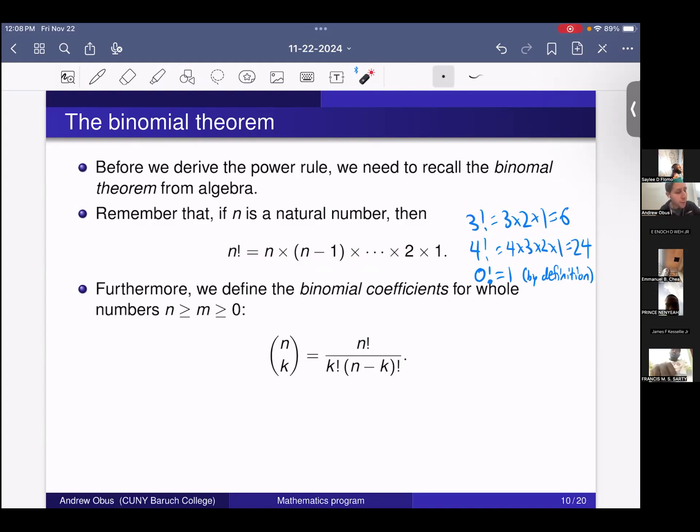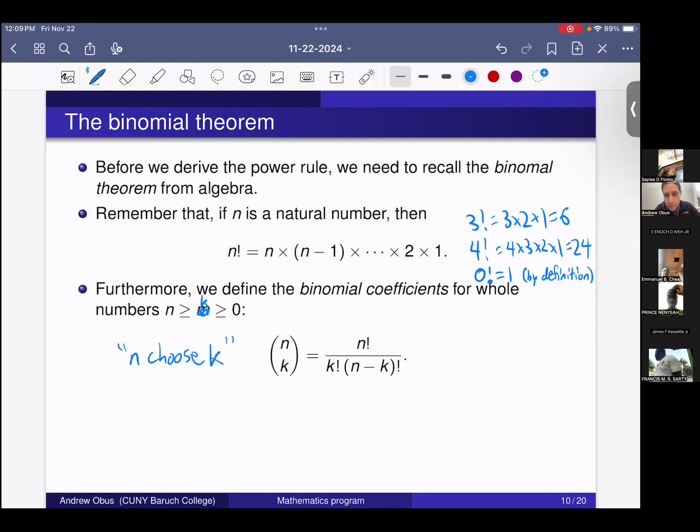And you multiply all the numbers up to n. And then the other thing is we define these binomial coefficients. Sorry, this should be k. For n greater than or equal to k greater than or equal to 0, this binomial coefficient here, which is sometimes read n choose k, or sometimes just nCk.